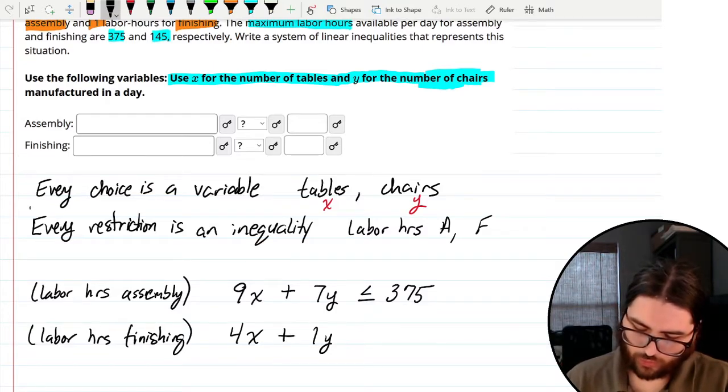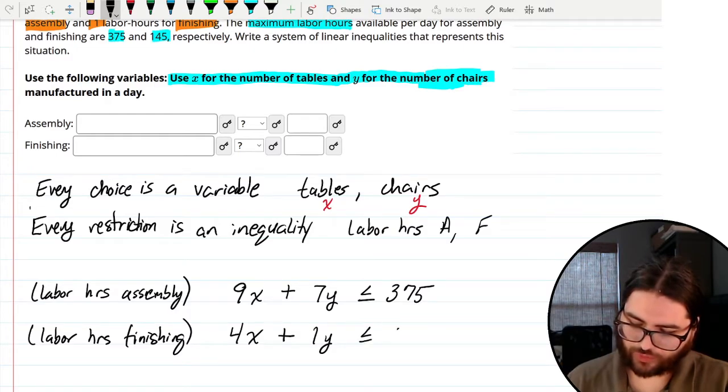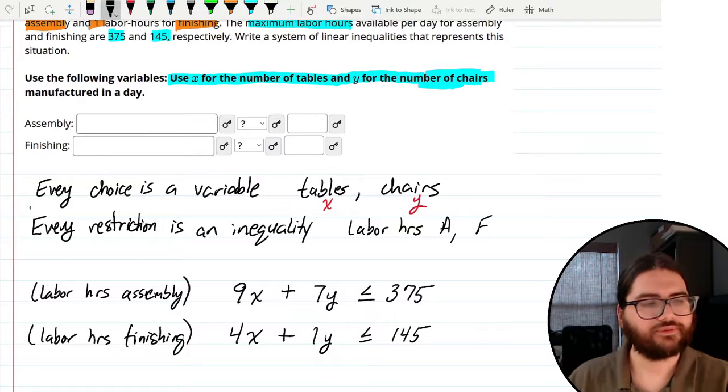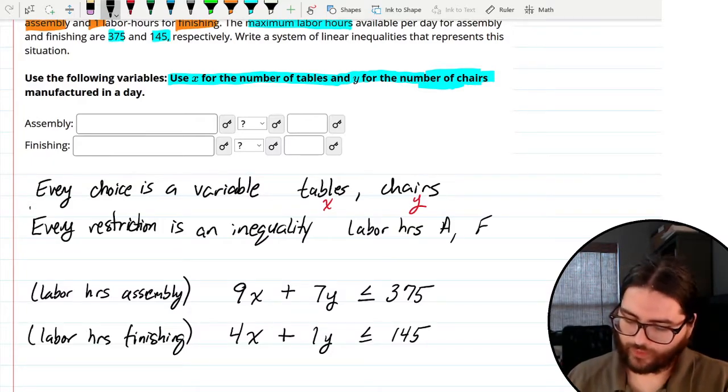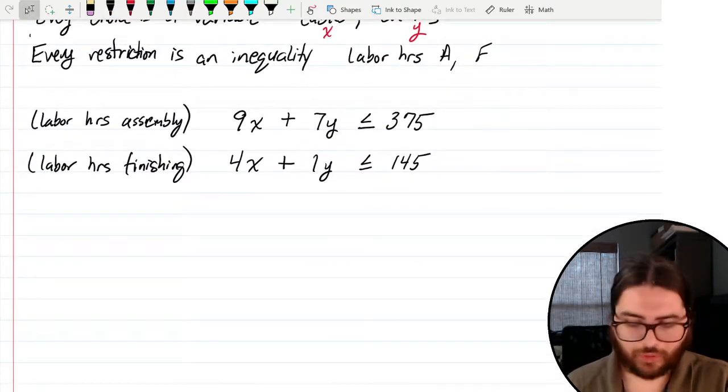And the total of these labor hours of finishing must be less than or equal to 145. And those are the things I would type into my MyOpenMath answer boxes.